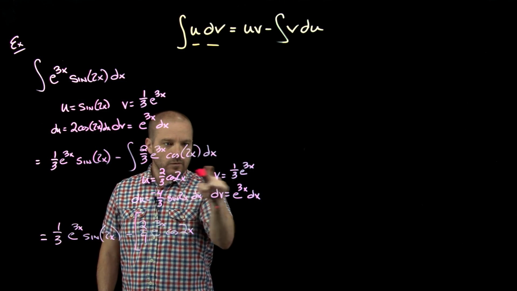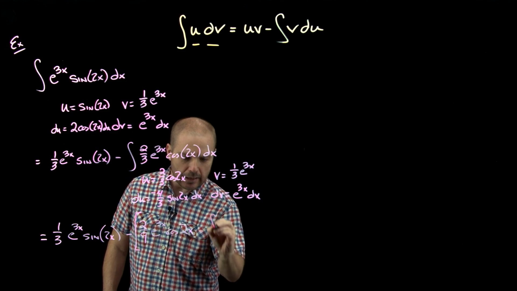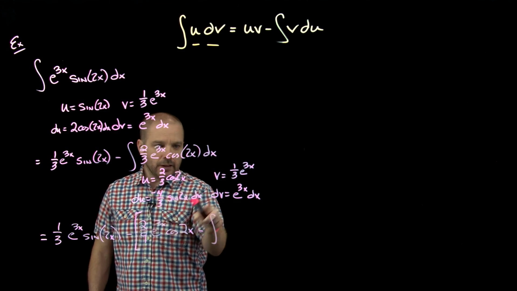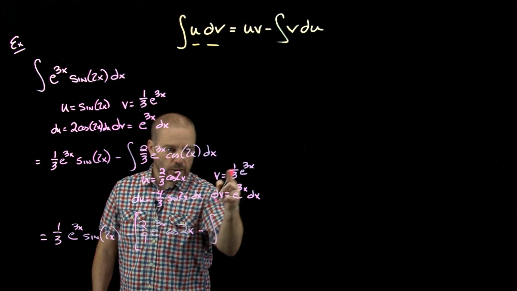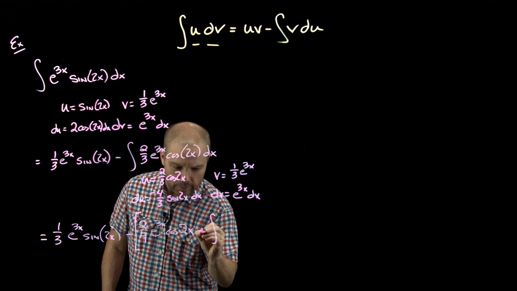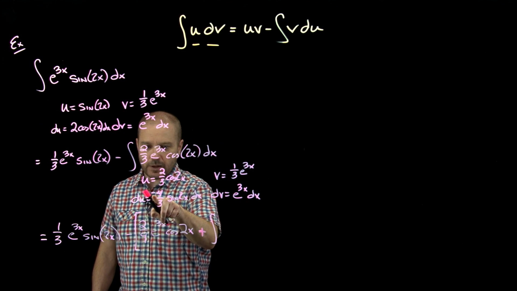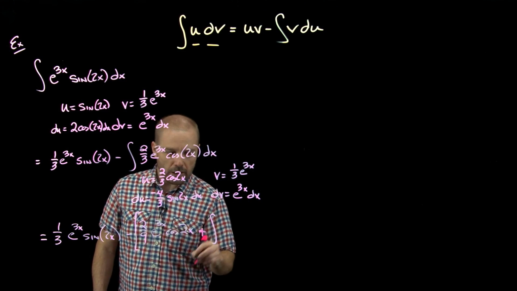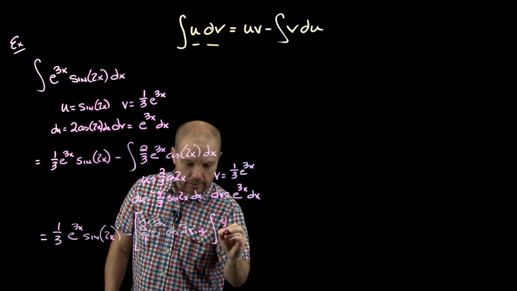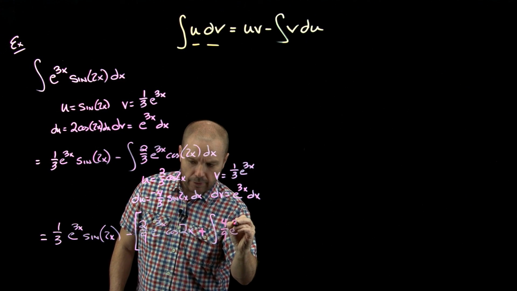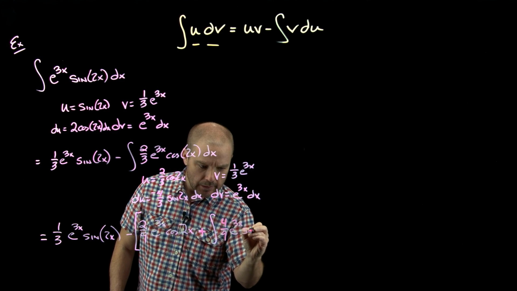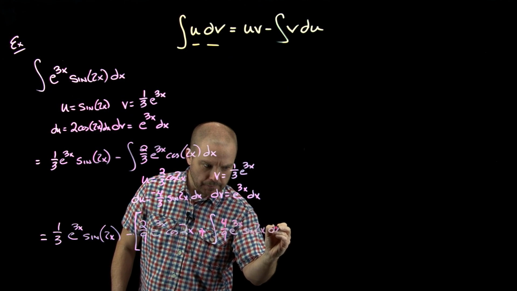So uv minus the integral of v du, and there's a minus in that, right? So minus a minus is going to make that plus because of that minus right there. And we're looking at 4/9 e to the 3x sine 2x dx.